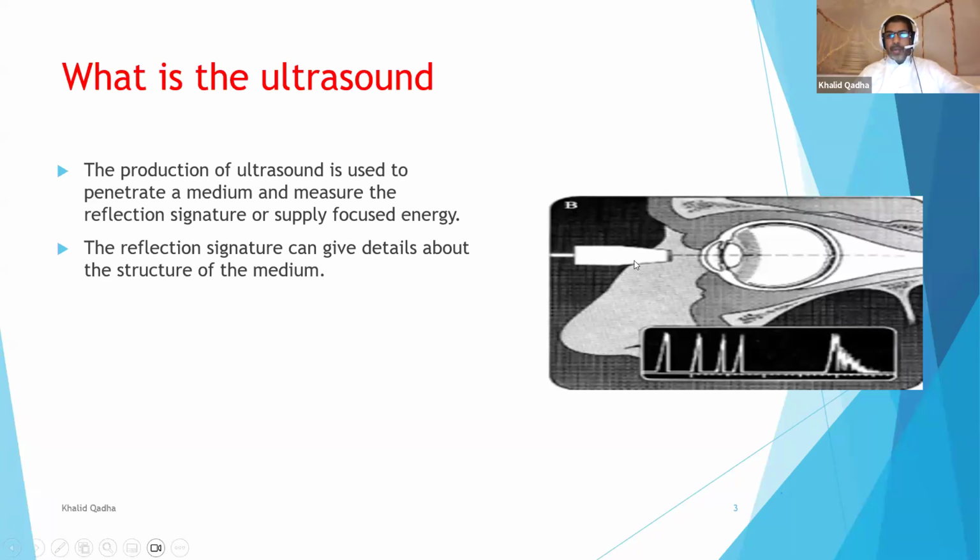As you see here, the probe sends the wave of sound into the eye, and it gives you one dimension as a spike, or it will be two-dimensional as we see in the B-scan picture.